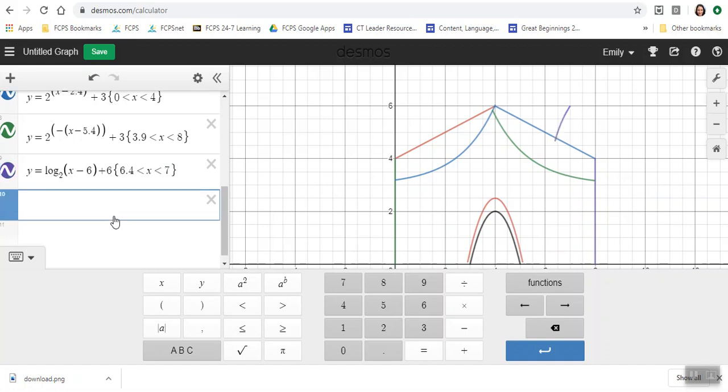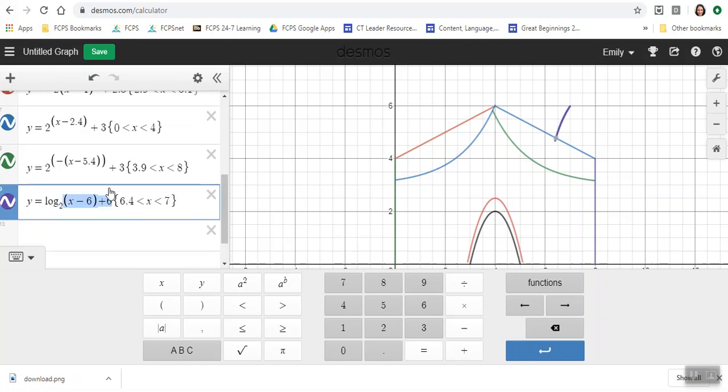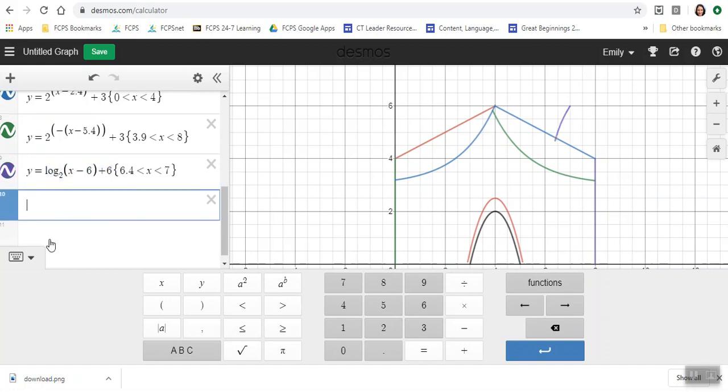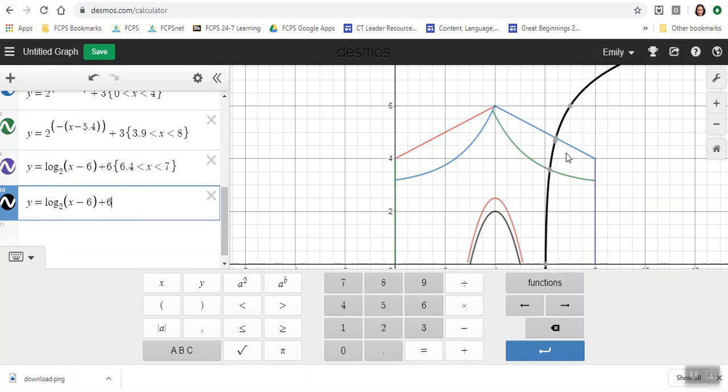So I'm going to go down here and I'm going to copy it. But I want to move it slightly to the left. So instead of -6, let's try -5.5. Okay, that's decent. And then I want this point, so I want this from where x is 6 until about 6.5.